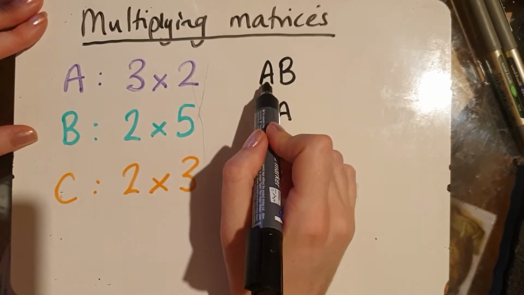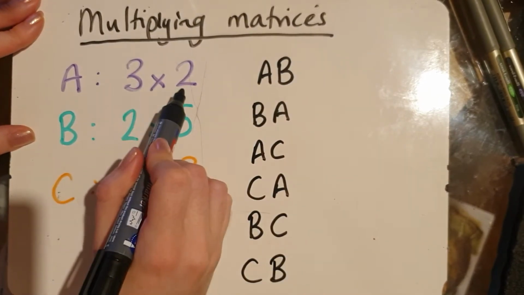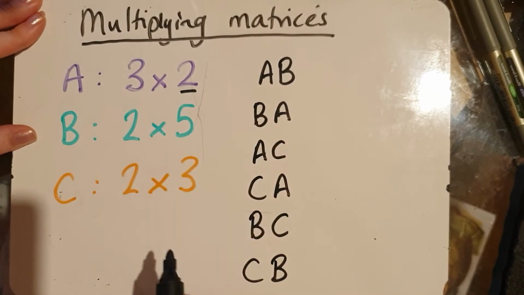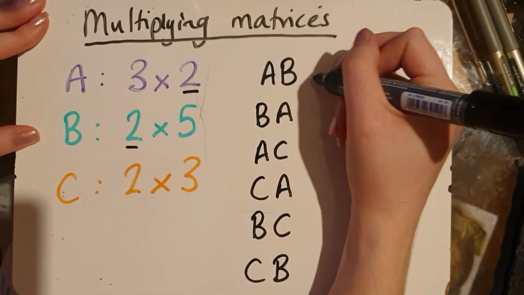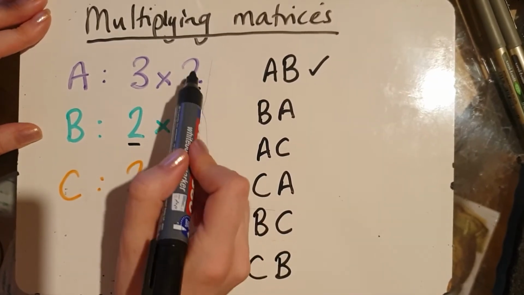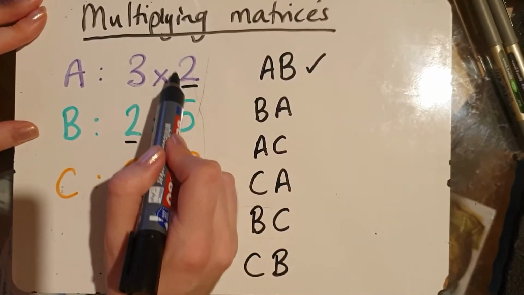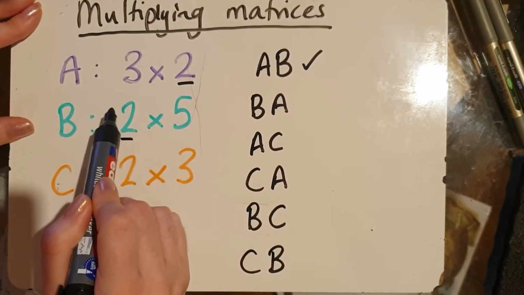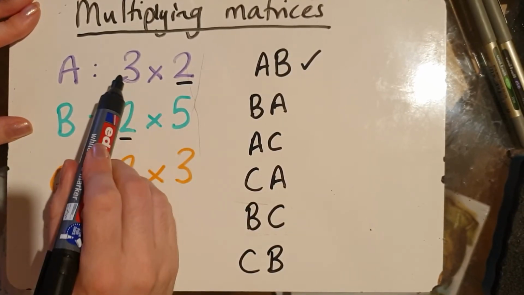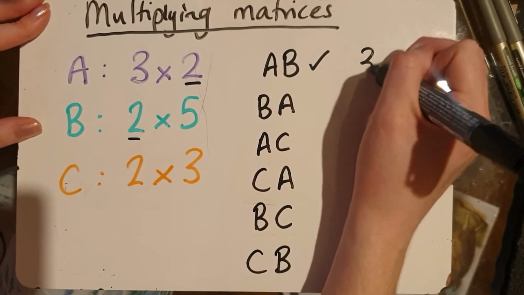So if I want to do AB, I've got a 3 by 2 matrix multiplied by a 2 by 5 matrix. Yes, I can do that because the number of columns in this matrix is the same as the number of rows in this matrix, and it will give me a 3 by 5 matrix.